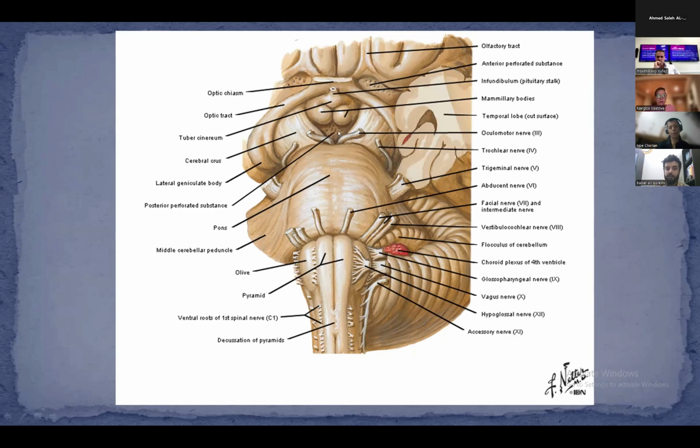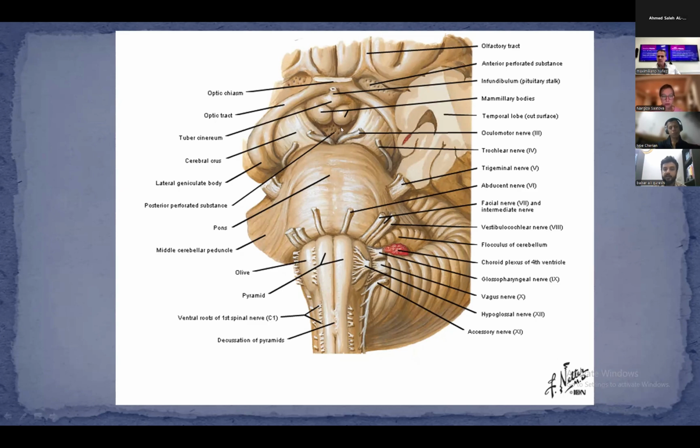There are a bunch of blood vessels passing through it, and just above it there are the mammillary bodies and the tuber cinereum, or the hypothalamus. These are parts of the diencephalon, which we will not discuss today. What we are more interested in is the anterior surface of the midbrain, covered laterally by the cerebral crus.